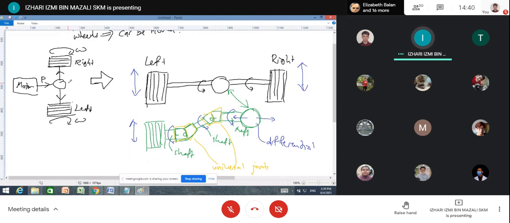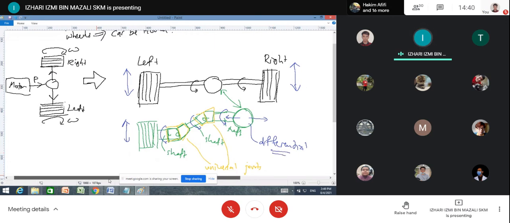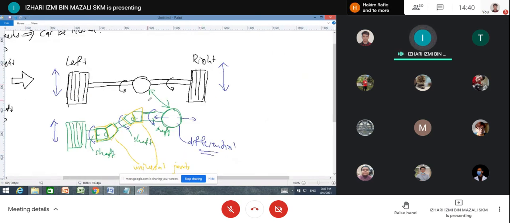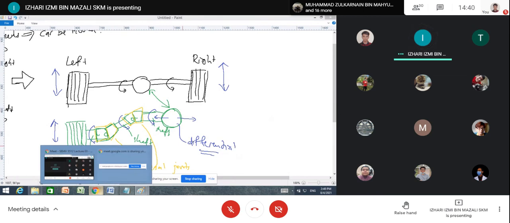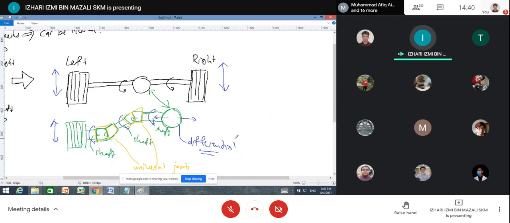But when your car is taking a turn, turning right or left, the speed will be different between the right and the left. So now you need a differential. A differential allows the right and left tire to rotate at different speeds. That means the motor can still transmit torque or power to the left and right wheels, even though their speeds are different. The design of the differential is quite complex.